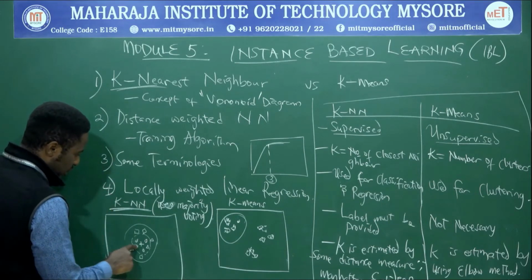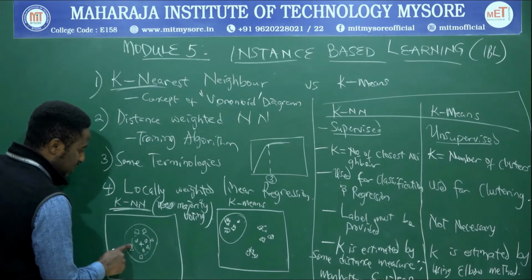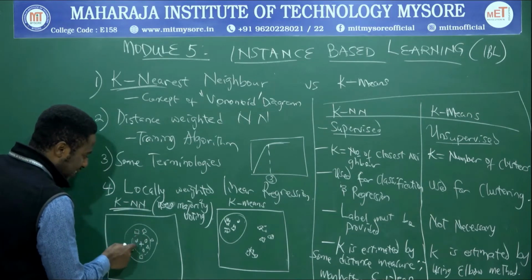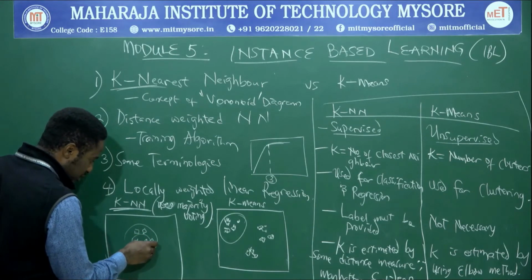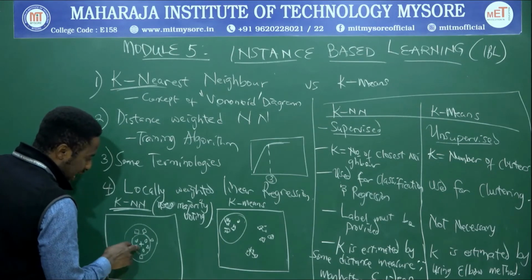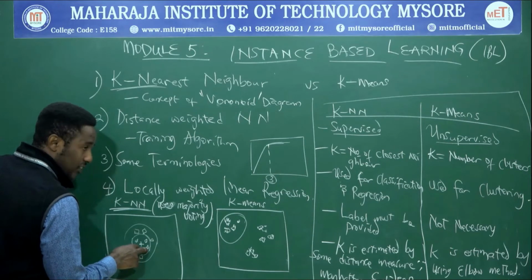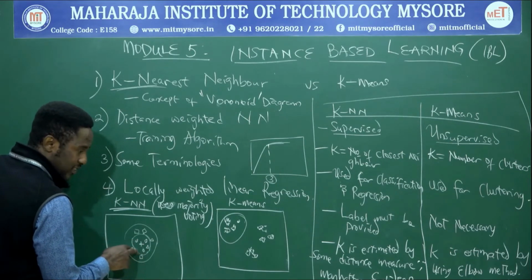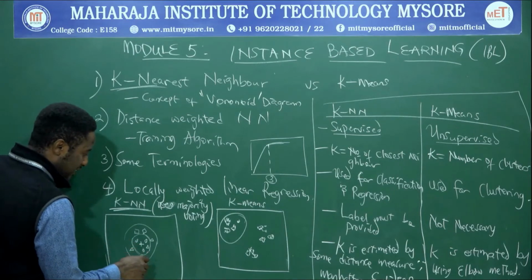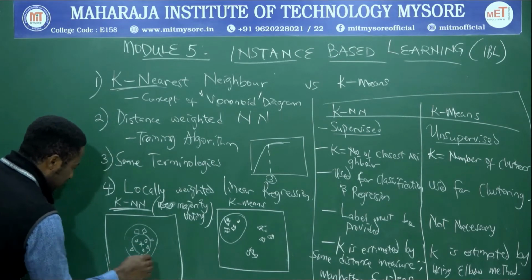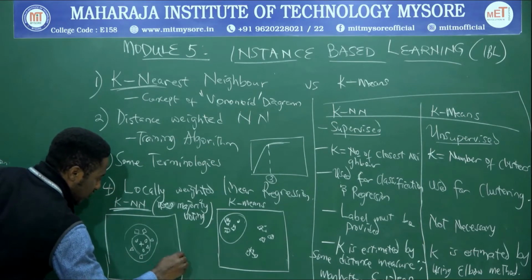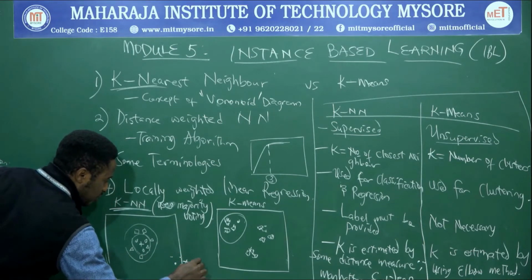Pay attention now. What KNN will do is, it says, see, majority. If I look at this grid, which one appears more? Now I have only 1 triangle and 3 circles, so this plus sign will be assigned to the circle category.